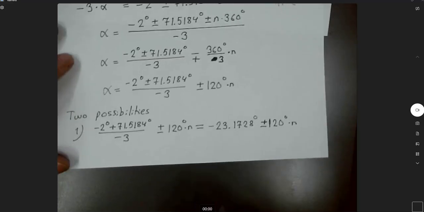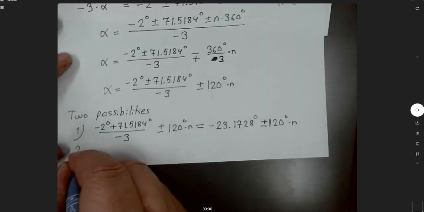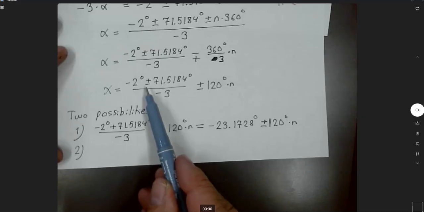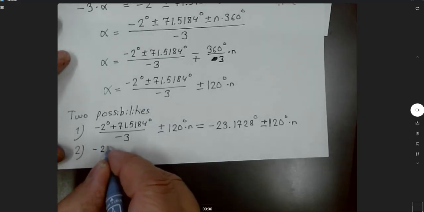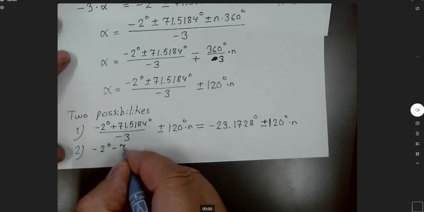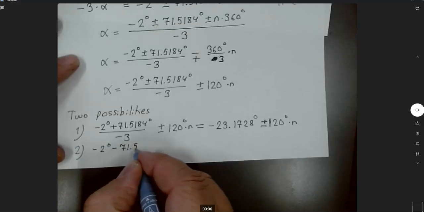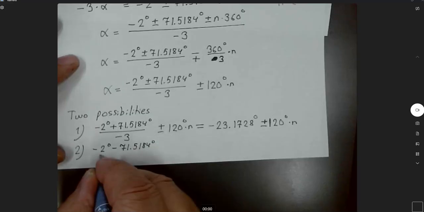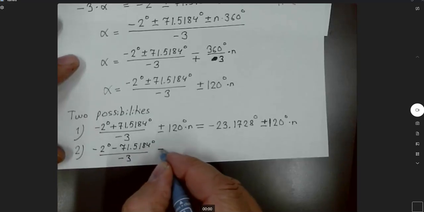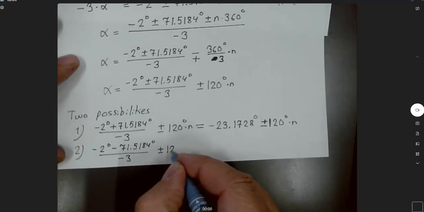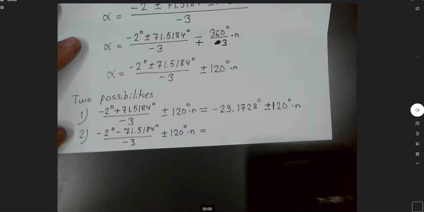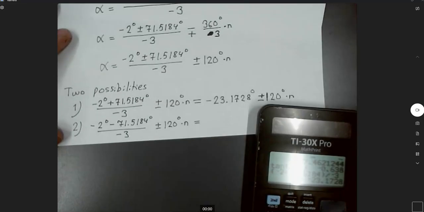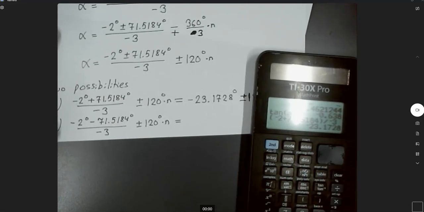So this is one possibility, and the other possibility is when we choose the minus sign there. So there will be minus 2 minus 75.15184, and also plus minus 120 times n. And let's check that also.